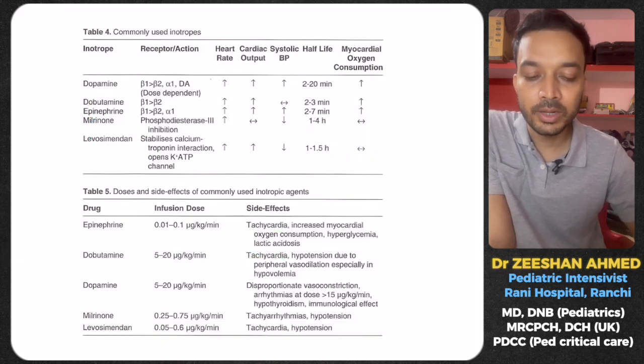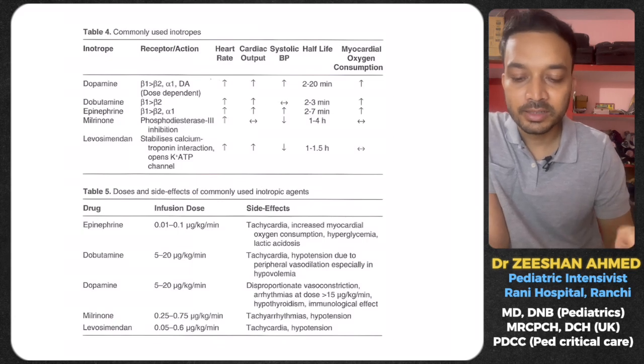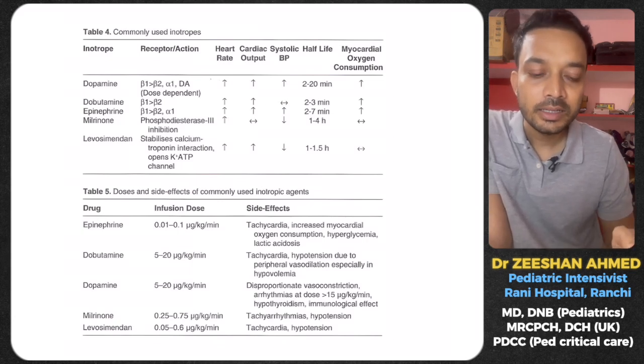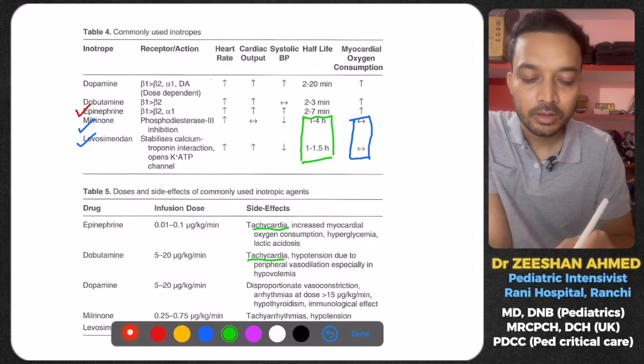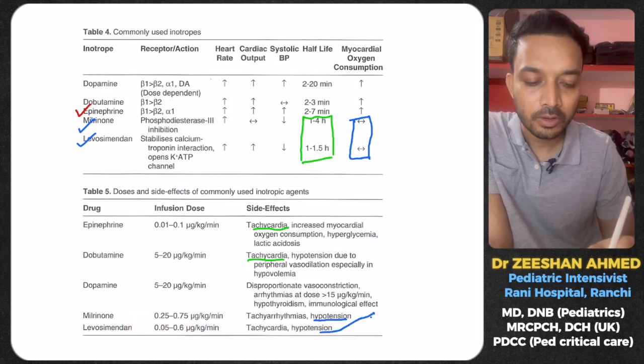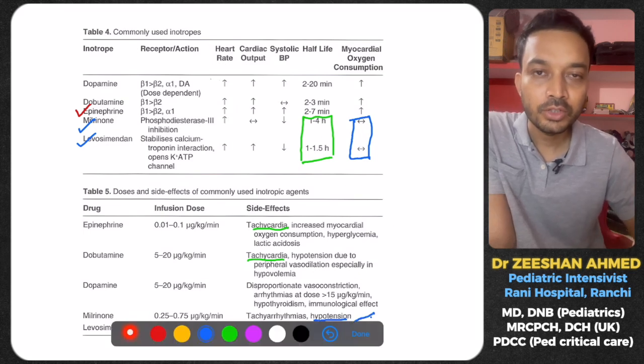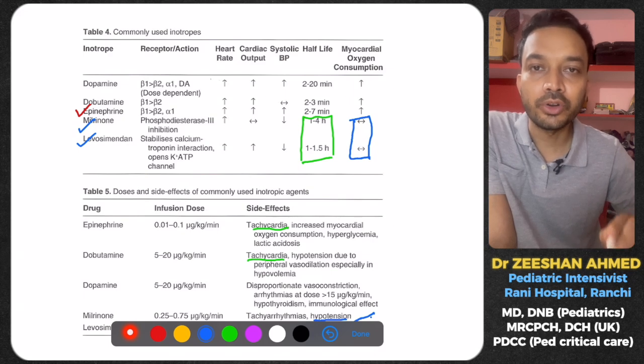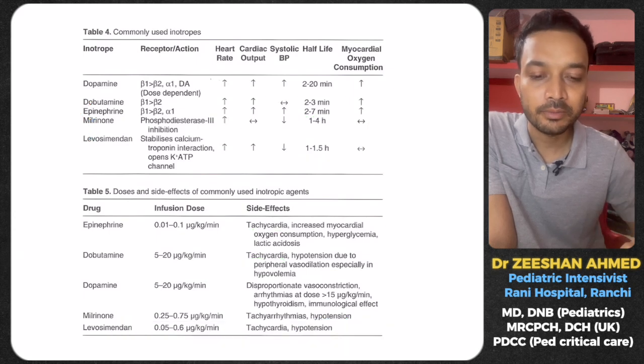The other two very important drugs, milrinone and levosimendan, the most common side effect is hypotension. So here, first we should ensure the patient has normal BP, only then we should add milrinone or levosimendan.